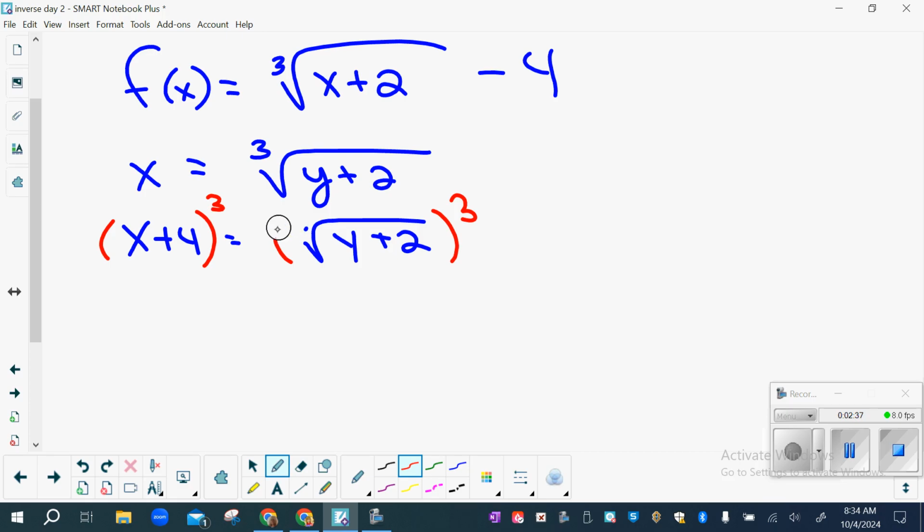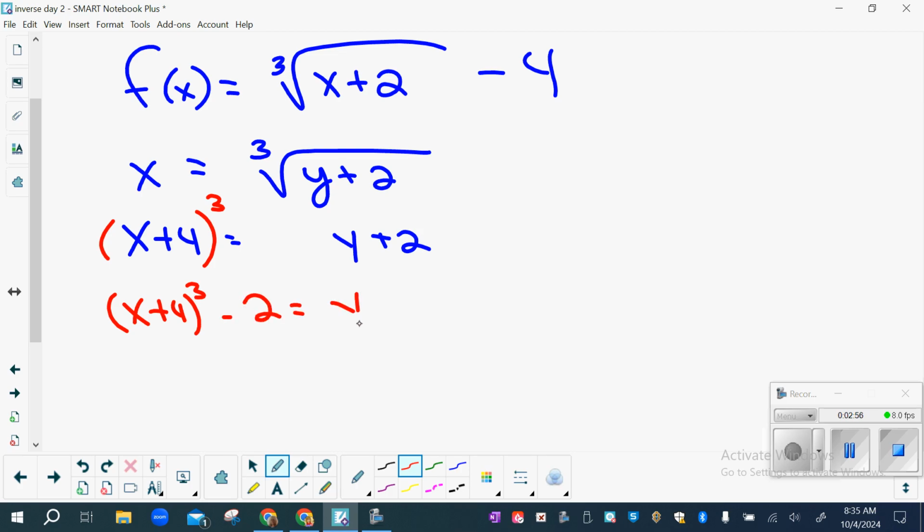So that explodes this guy free. Now one last step, move this guy over. So I have x plus 4, with the little bomb, minus 2 equals y.